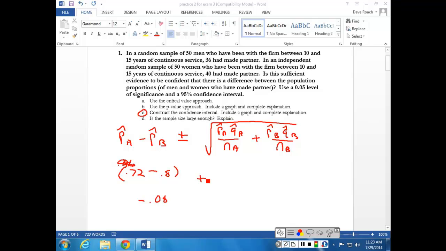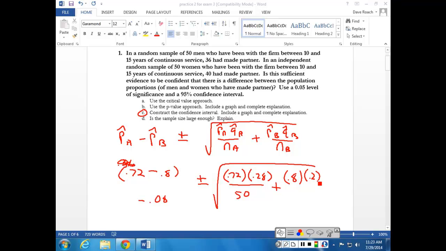Plus or minus, I don't care which one of those you put on the other side there, but the square root of 0.72, 1 minus that, 0.28, divided by 50, plus our other sample proportion, which was 0.8, 1 minus that, 0.2, over 50. And then we can just put that in our calculator.